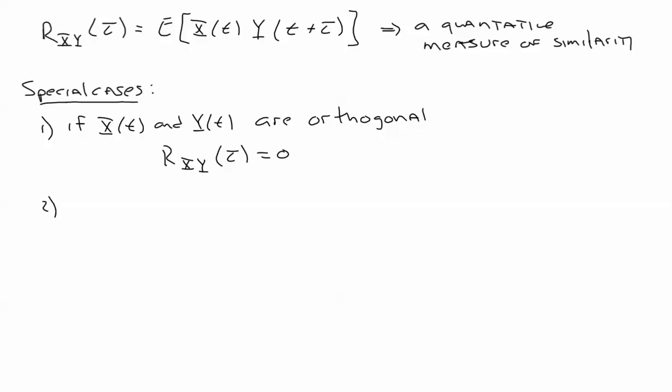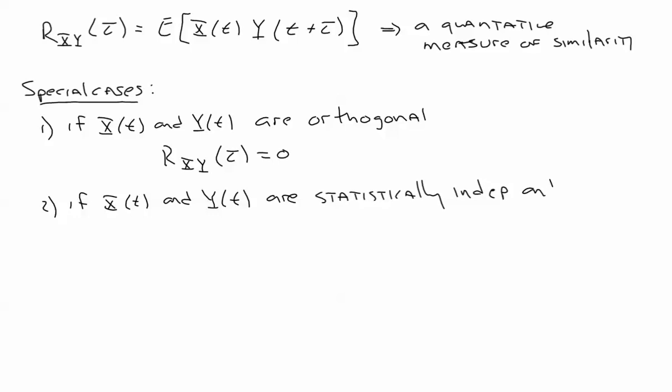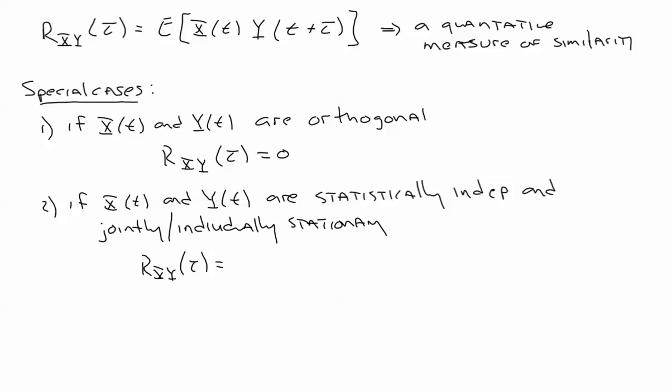Another special case. If x and y are statistically independent, and individually stationary, and jointly stationary as well, then my cross-correlation equals, remember, if I have statistically independent processes, then the expectation of the product is the product of expectations.